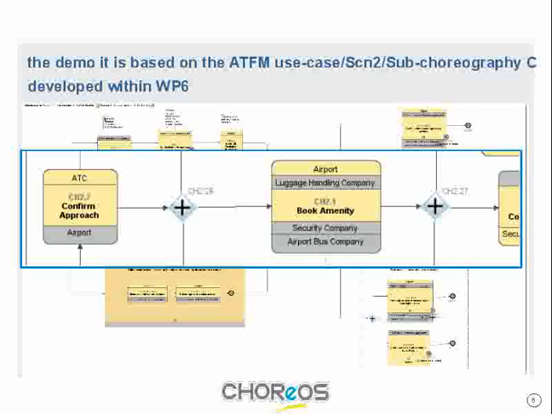In particular, a task that involves the ATC and the airport services. In this case, the ATC asks the airport services for a confirmation for approaching, for landing in an unexpected way, and after confirming this landing, the airport service activates another task called Book Amenity, where it interacts with other services like the luggage handling company services, or the security company services, or the Airbus company services.